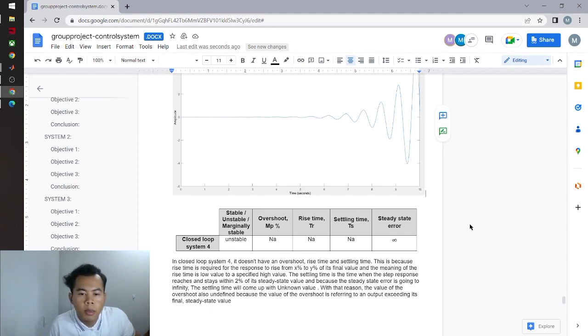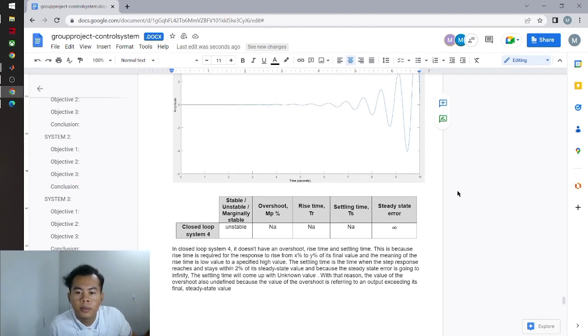The settling time is the time when the response starts and stays within 2% of its steady state value, and the steady state value in this system is going to infinity. The settling time will come up with an unknown value, which is the reason the value of the overshoot is also undefined, because the overshoot refers to the output relative to the final, steady state value.